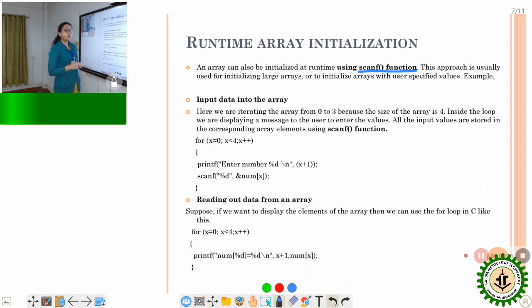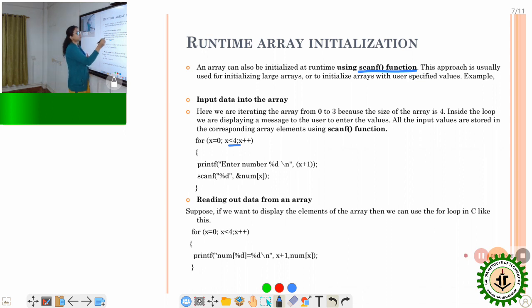So first, here we input some data for the array. How do we do this? Here the size is 4. Size is 4 means array size is 4. So our counting starts from 0 to less than 4 because the size is 4 and we start the array initialization from 0. So 0 to 3 is the counting.